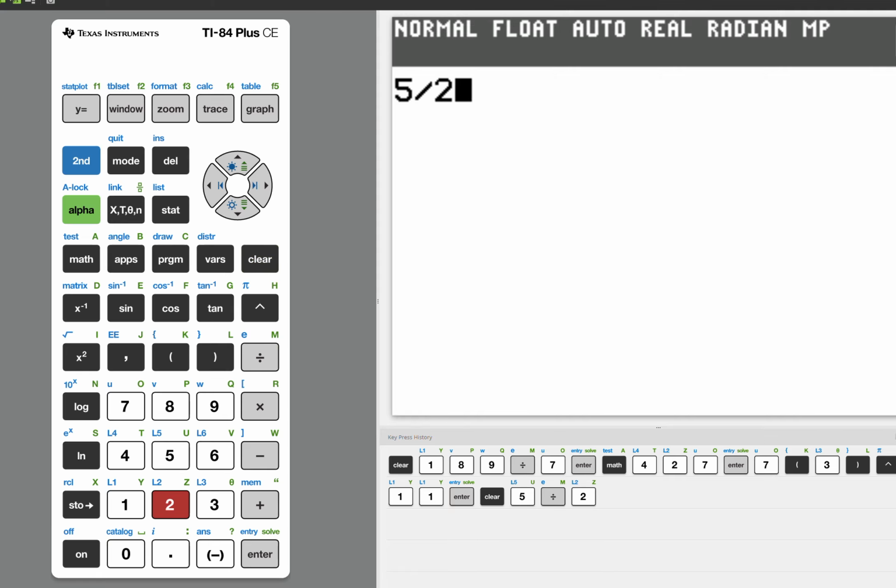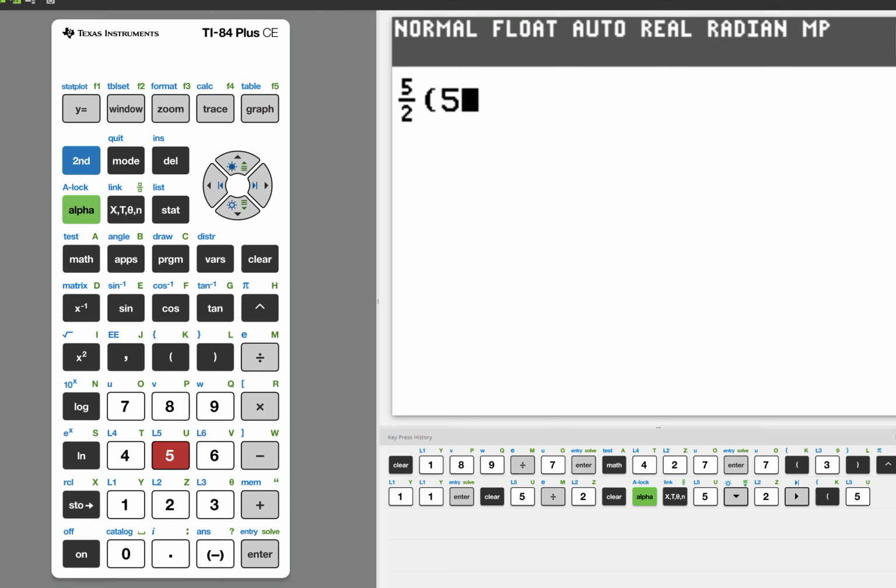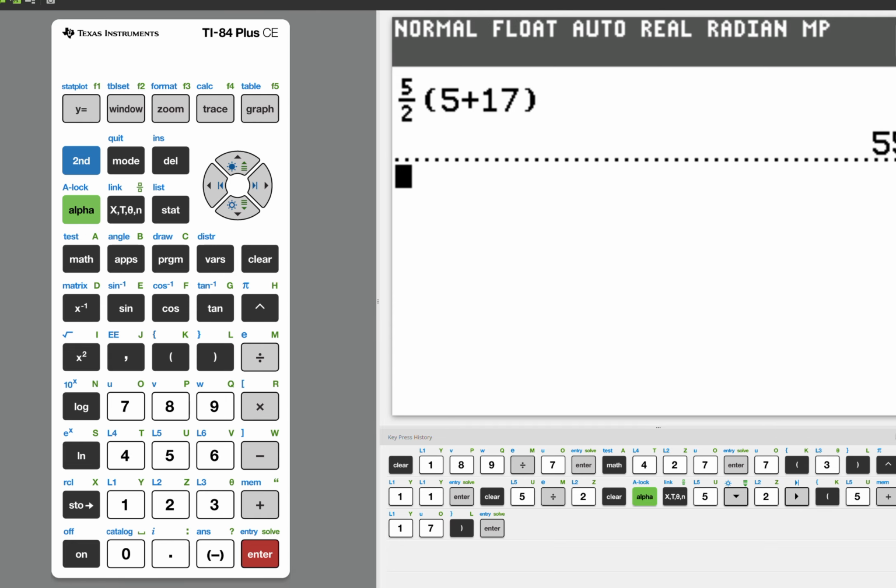Let's do this. 5/2, and we're going to multiply that by 5 plus 17. And that would give us 55.